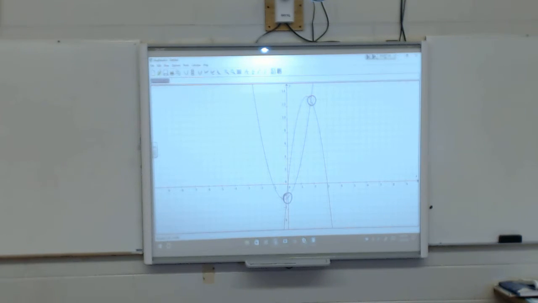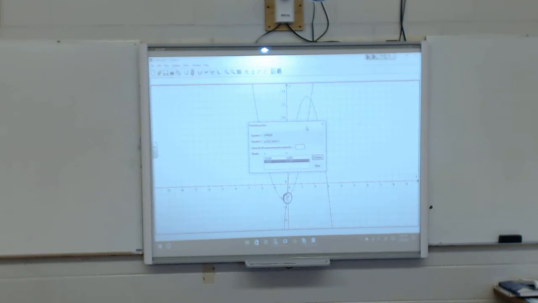On this one here, let's go options, find intersection, calculate, and there they are.